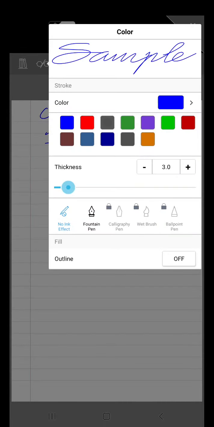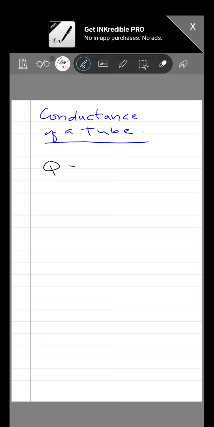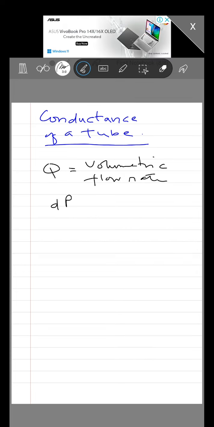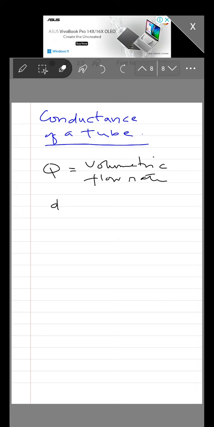Now, if we assume that capital Q is the volumetric flow rate of a gas through a tube, due to the pressure difference, I'll call it delta P, not dP, delta P is the pressure difference.